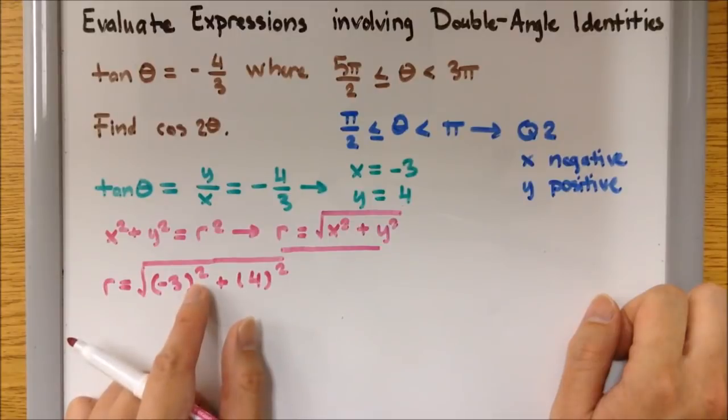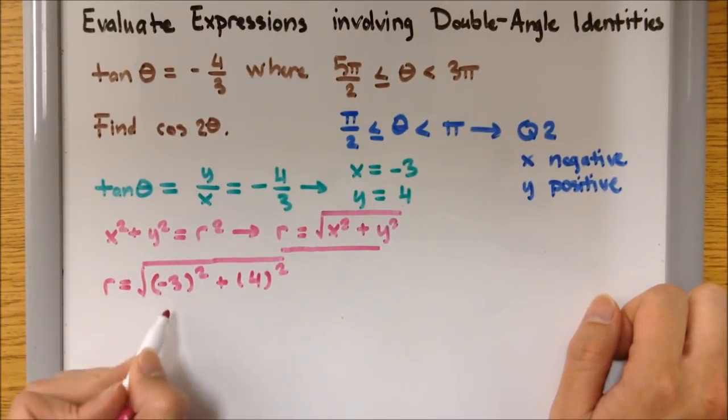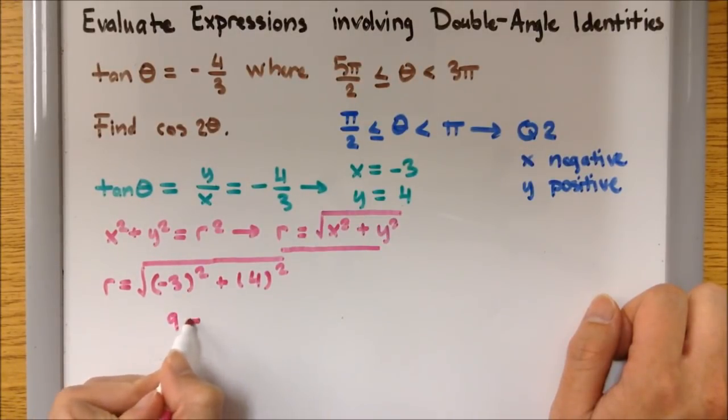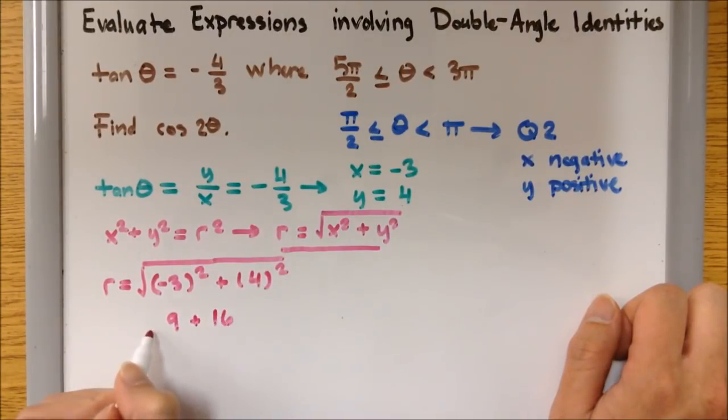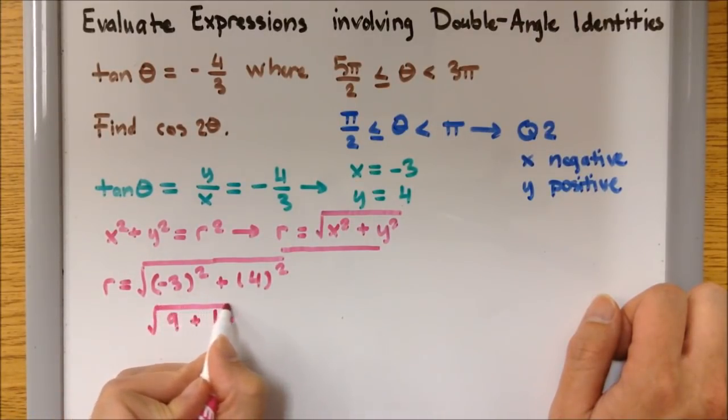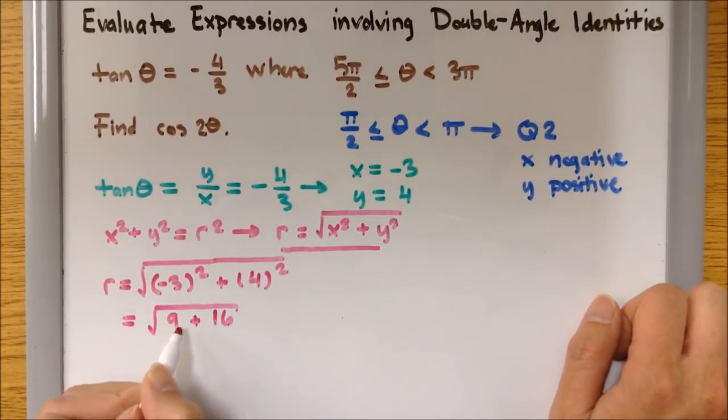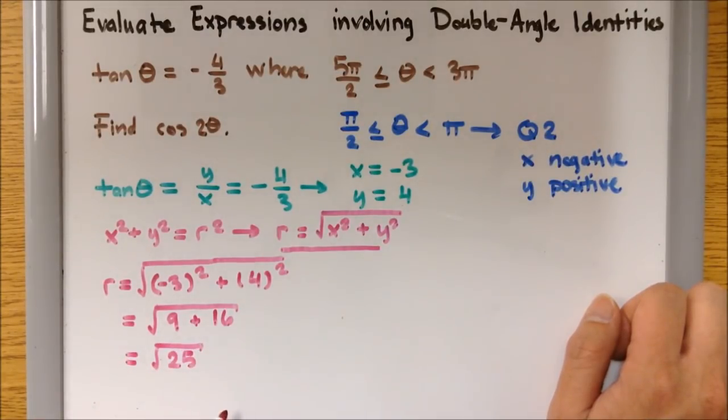Negative 3 squared will be a positive 9, 4 squared will be a positive 16, 9 plus 16 will be 25. And then the square root of 25 is 5.